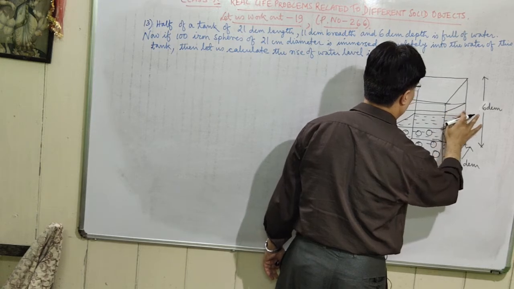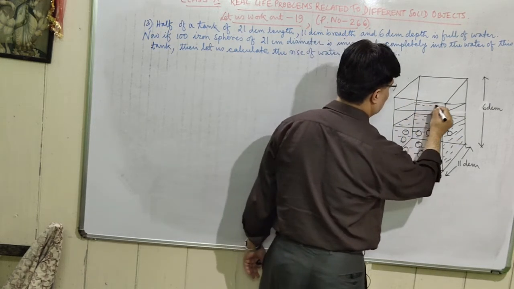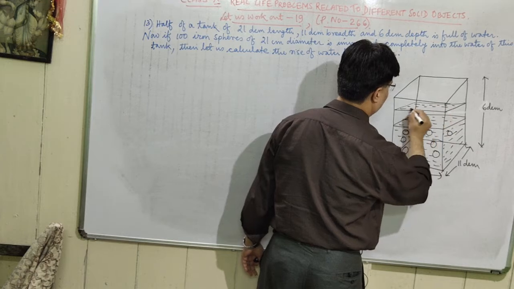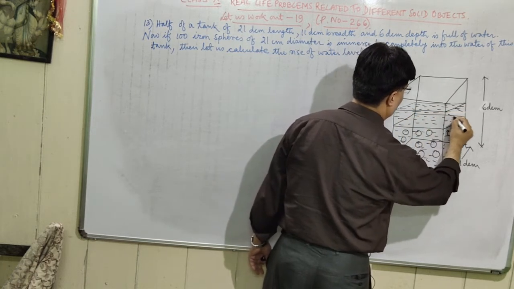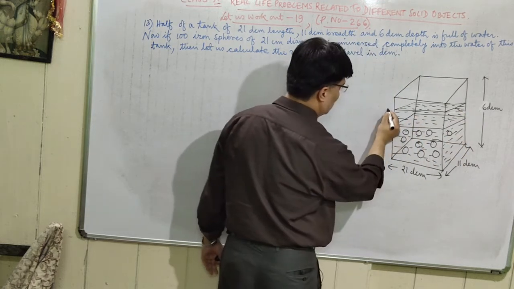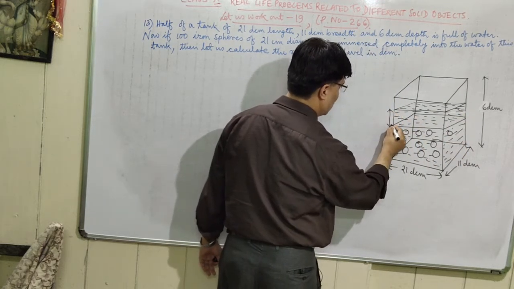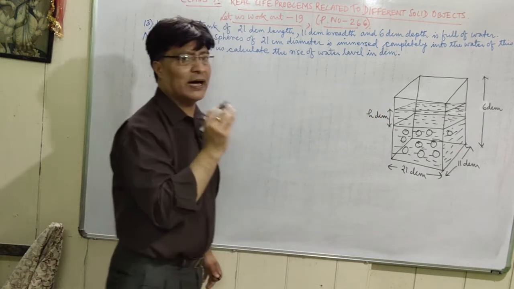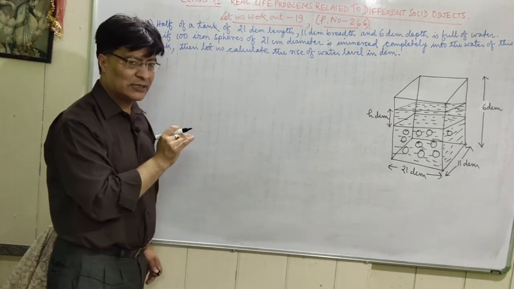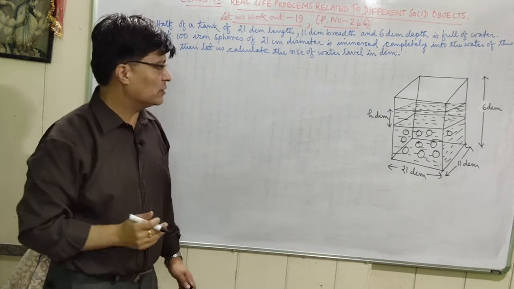Suppose the height of the water level is raised by 8 decimeter. So you have to find out the height of the water level raised in decimeter.